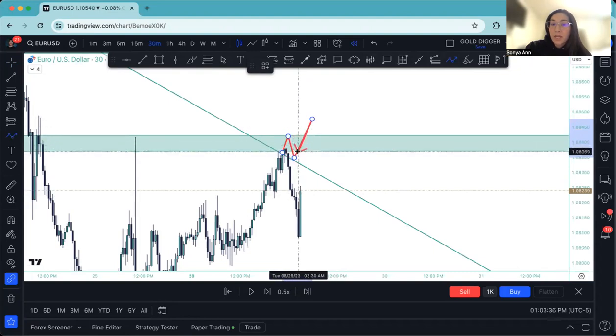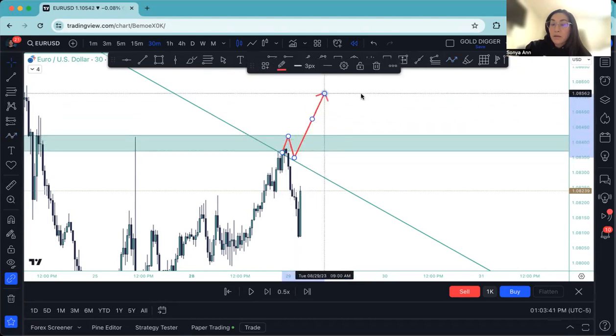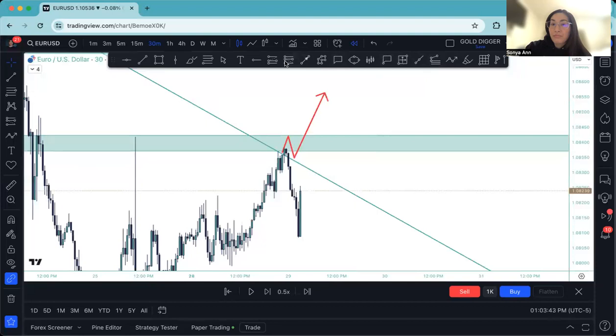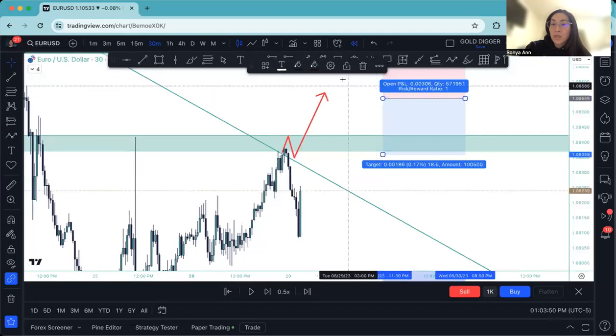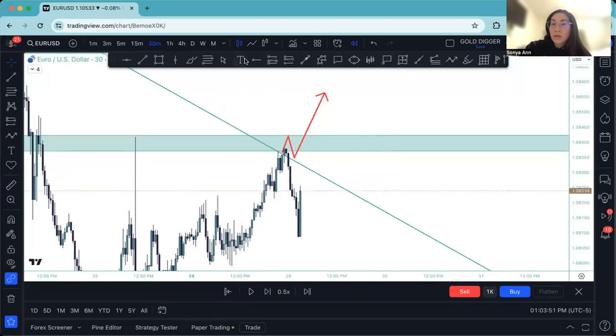And you're entering on this candle once it passes this one. Does that make sense? So you would enter after that one would have gotten broken and then up.